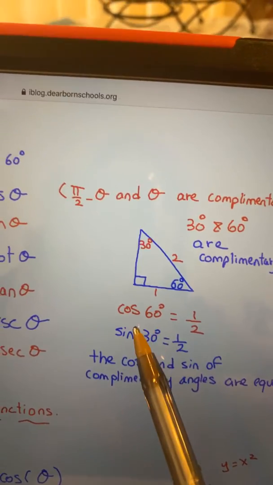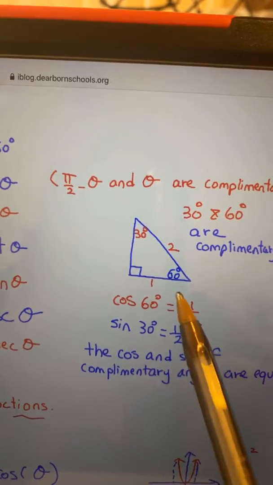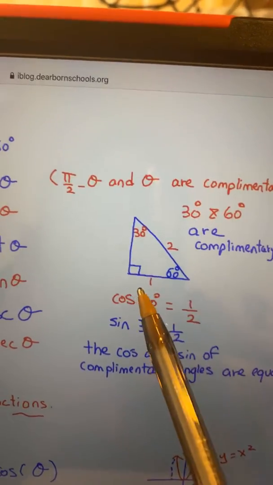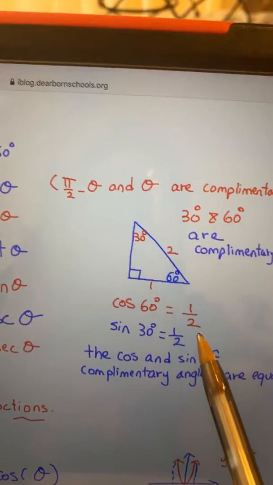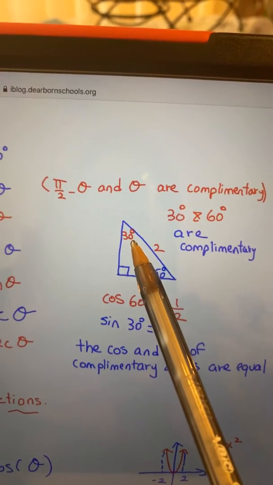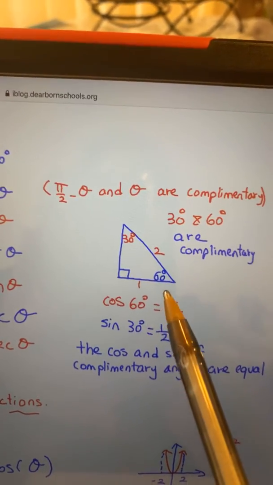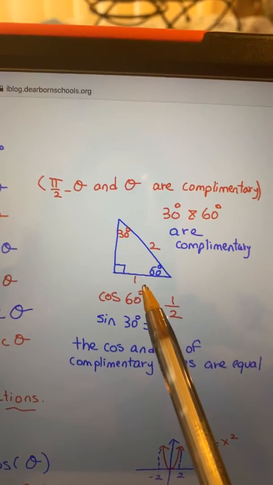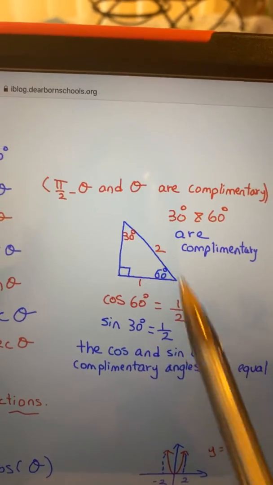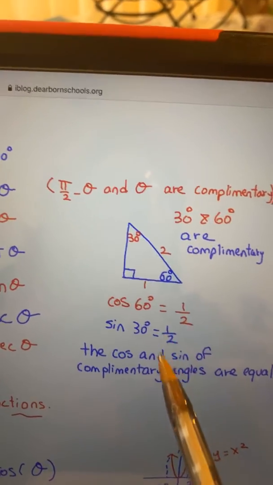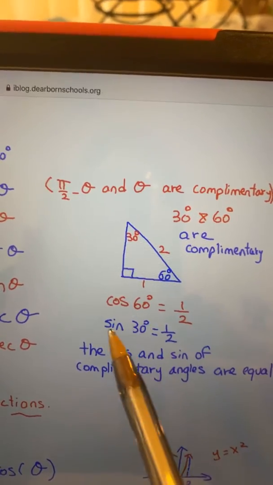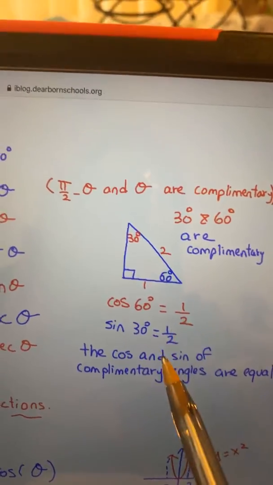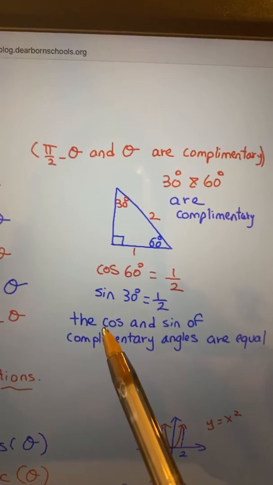The cosine of 60 degrees is adjacent over hypotenuse, so 1 over 2. And the sine of 30 degrees is opposite over hypotenuse, 1 over 2, so half. So you can see that the cosine of 60 is the same as the sine of 30. And this is where that comes from.